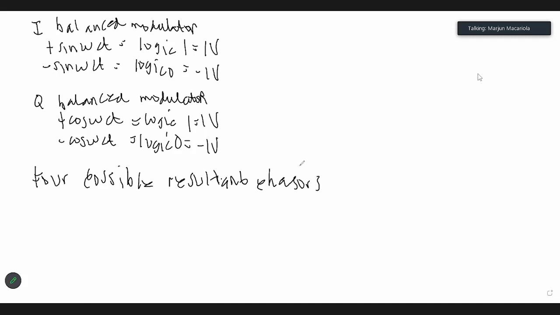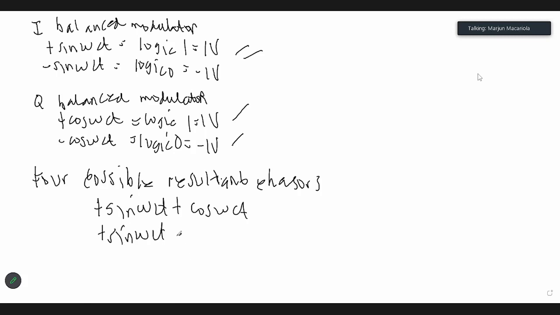Again, kanina sinabi ko, meron tayong four possible outputs, di ba? So yung pinakita ko sa iyo, halimbawa, ang output sa I-balance modulator ay positive sine, dito sa kabila ay positive cosine. So this will be equal to positive sine omega ct plus positive cosine omega ct. So pag what if positive, then negative. So this will be equal to positive sine omega ct minus cosine omega ct.